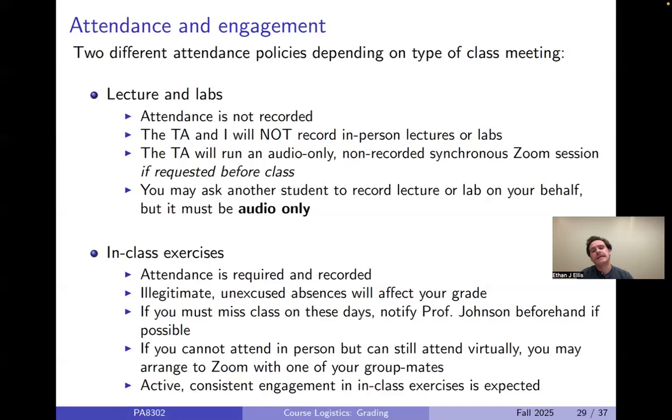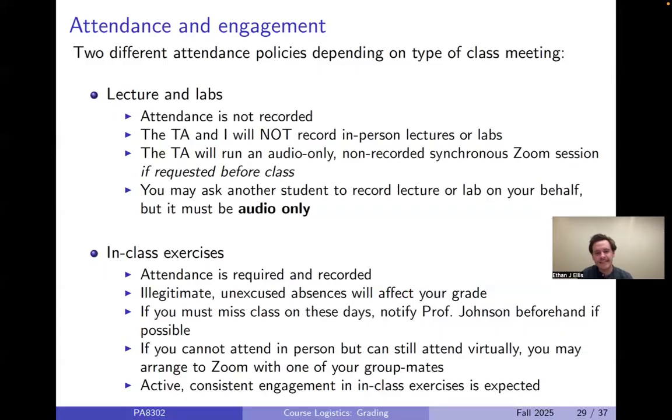But if there are illegitimate, unexcused absences during these in-class exercises, it will affect your grade. If you must miss class on these days, please notify Instructor Ellis beforehand if possible.